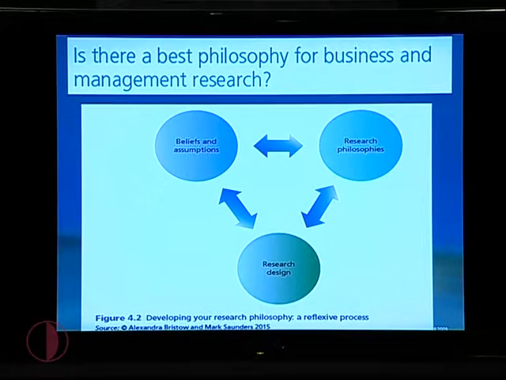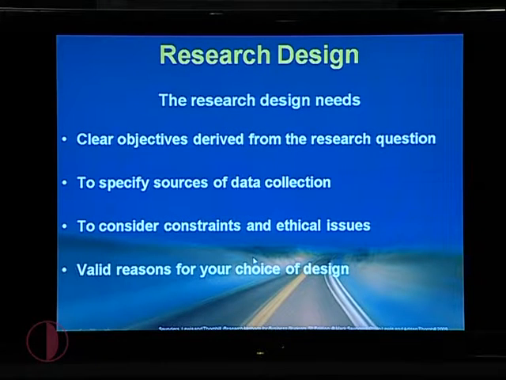From the previous lectures, our research philosophies are affected by our beliefs and assumptions, which will affect the choice of our research design. The research design should have a clear objective derived from the research questions and objectives, the aim we want to achieve by conducting this research.